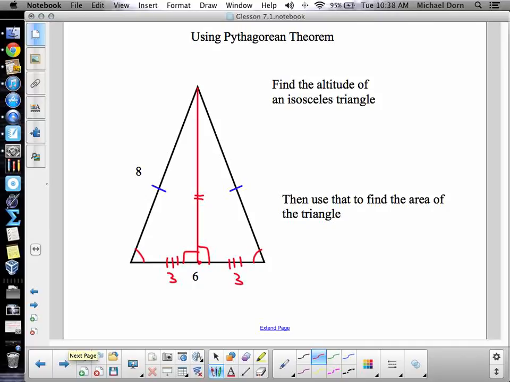That's special about isosceles triangles. If that's 3 and 3, what is the altitude going to be? The height of the triangle. How are we going to set that up to find that? What's the equation going to look like?